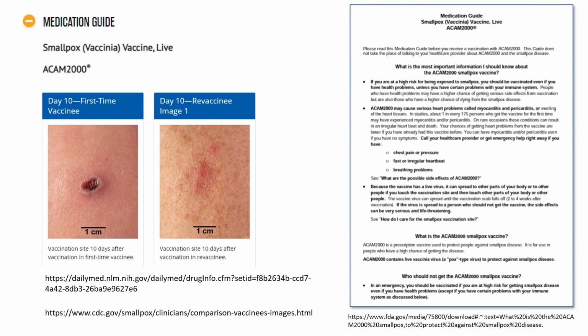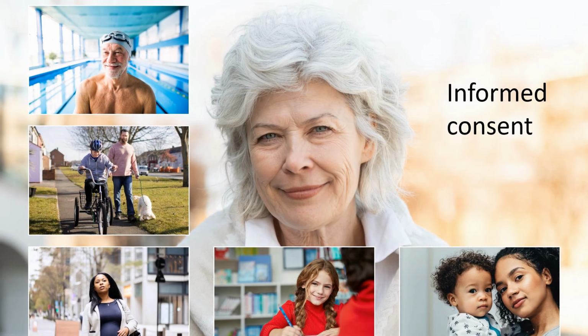The medication guide also clearly illustrates what a normal post-vaccination reaction looks like to differentiate from an adverse reaction. We believe in individual choice and informed consent. VAERS Explorer can help you find and understand information for confident decisions on benefit and risk for yourself and those in your care. Thank you for your time.